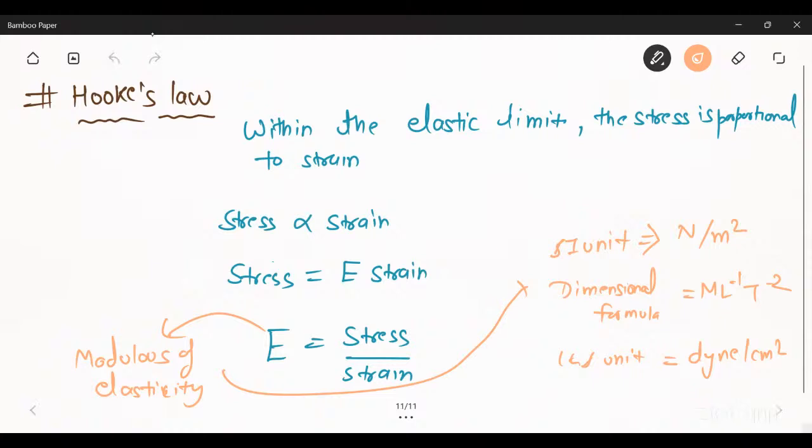Now, next is types of Hooke's law. Here we discuss the types of modulus of elasticity. There are three types of modulus of elasticity.